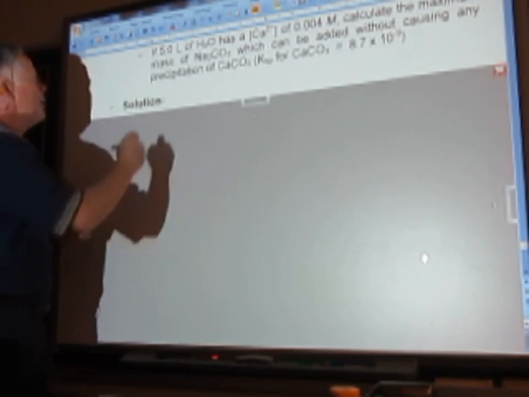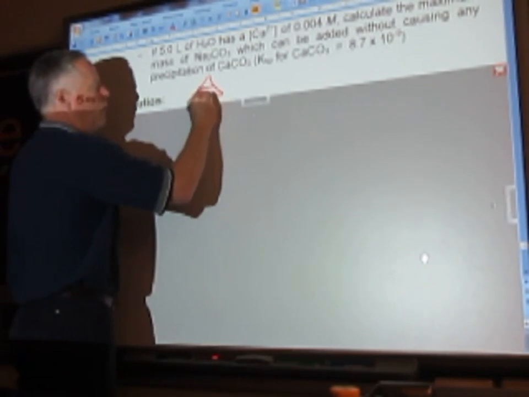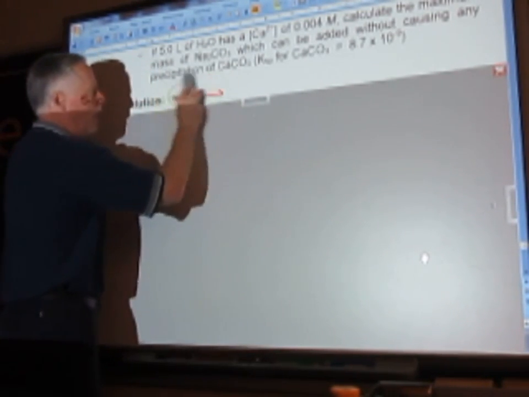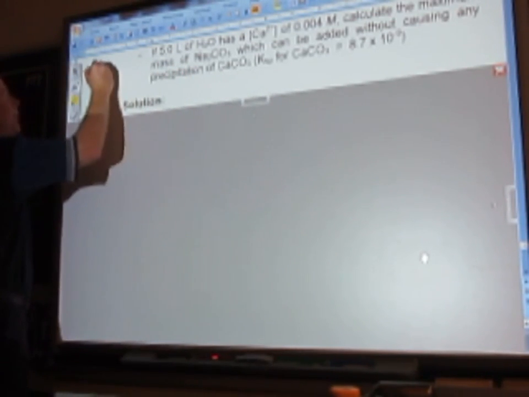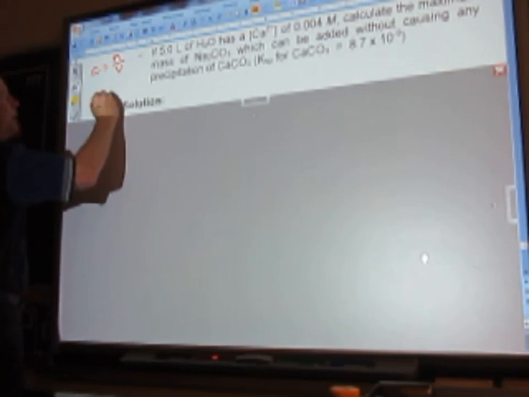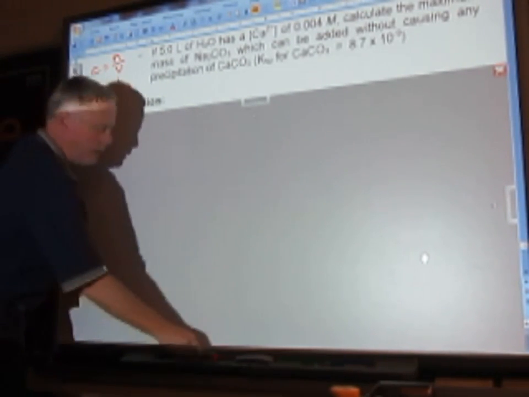And one thing I will tell you just really quick as you're starting, we are going to use these two triangles a lot. Your concentration is equal to number of moles over volume, and mass is equal to molar mass times the number of moles, from last year.